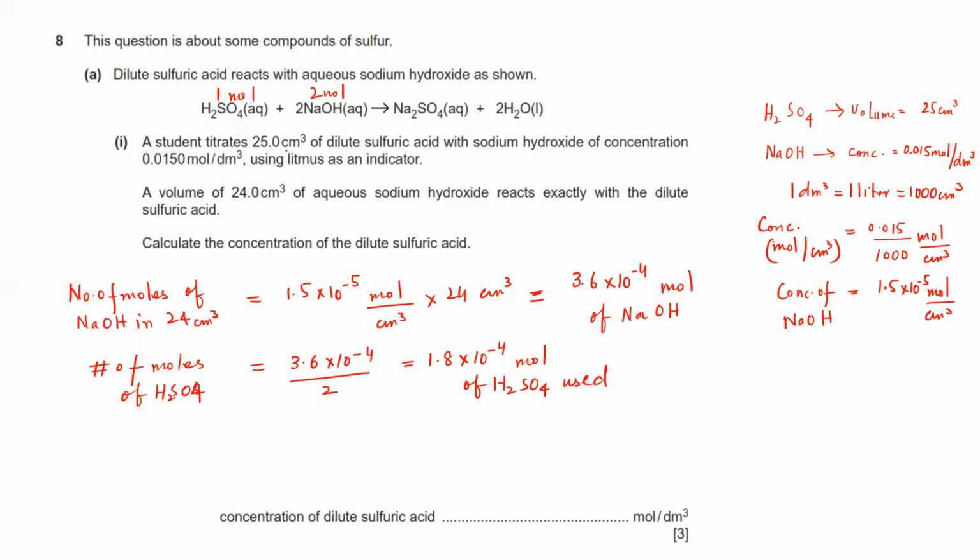Then the volume of H2SO4 is 25 centimeter cube. So the concentration is 1.8 into 10 to power minus 4 mole divided by 25 centimeter cube.